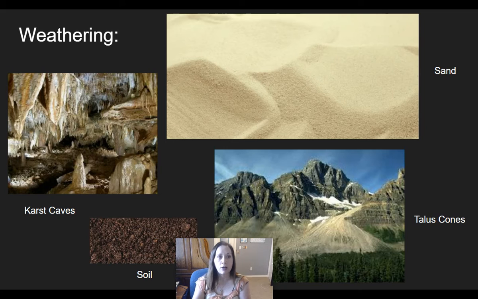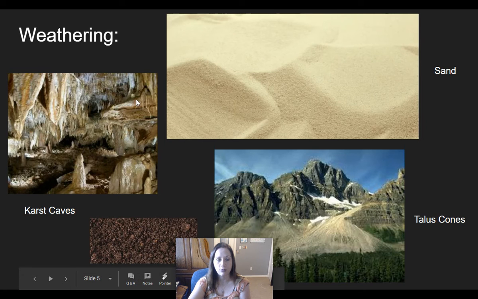All right, so these are just some pictures. So these are some landforms, and I know we've looked at these already briefly. I just wanted to remind you because we threw out those words there, and you might be going, what did those look like? So weathering creates these sorts of landforms. So we have sand and karst caves and soil and talus cones.